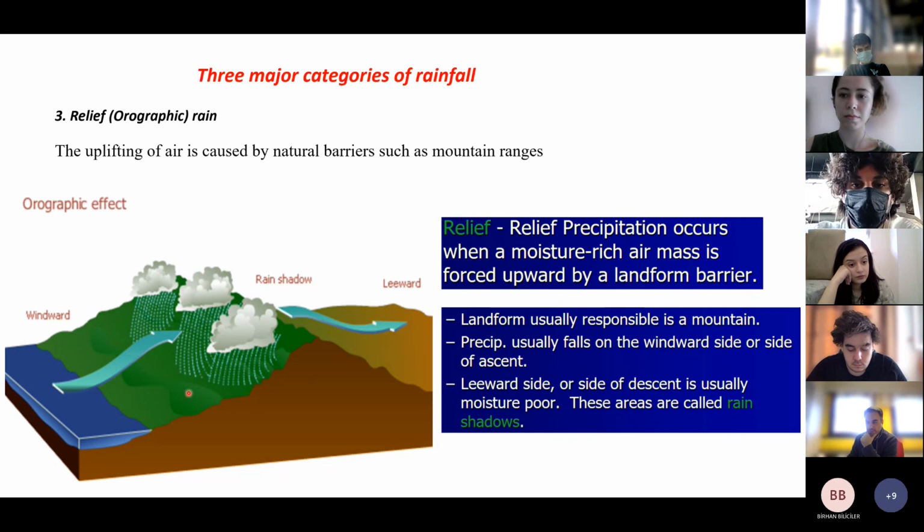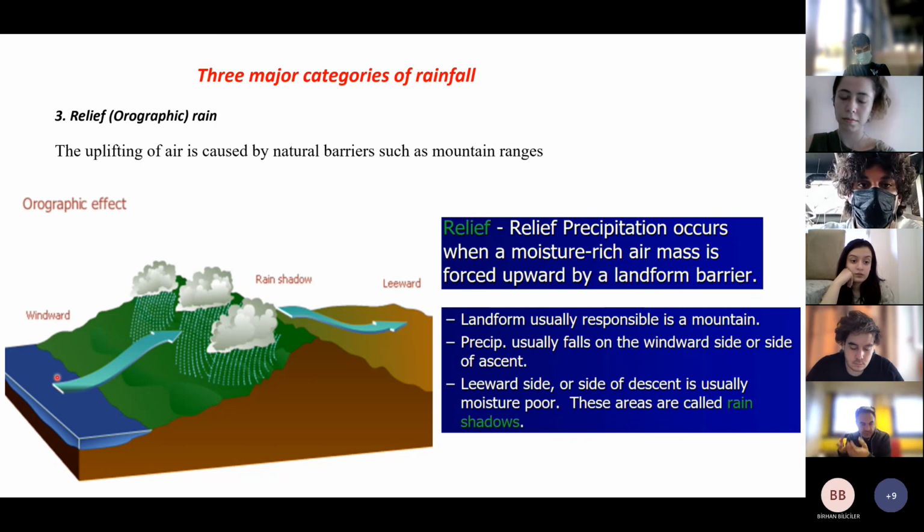From the sea to the land, what will happen? Above the sea, the air is moisturized because of the evaporation process. Air masses above the sea have enough moisture, and due to the wind, they come to the land.